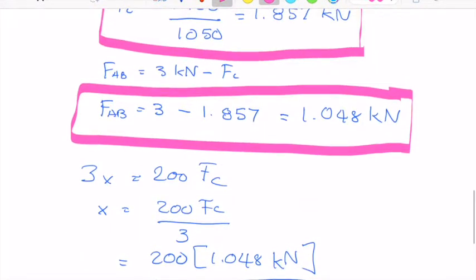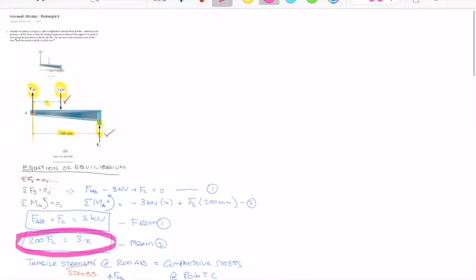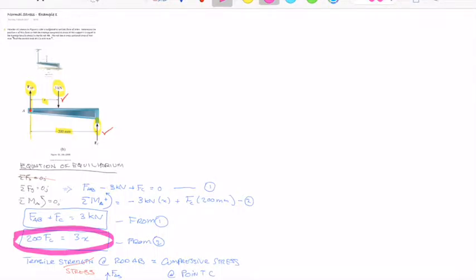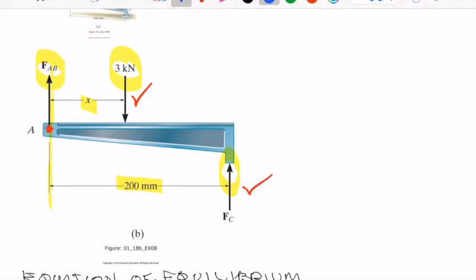So basically, if we go back to this diagram here, you know that this is the X. This is 69.87 millimeters.